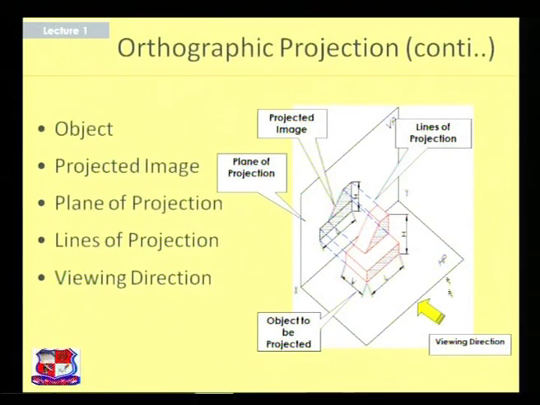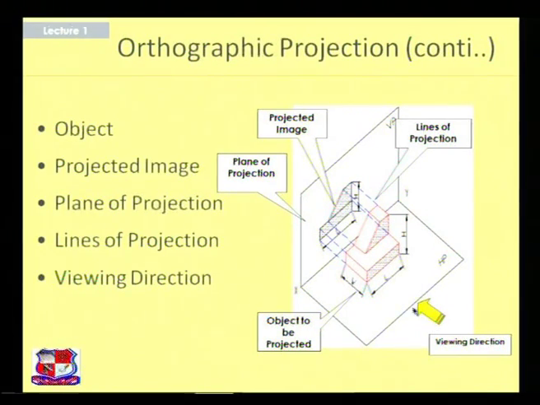Next one is that when we see in the viewing direction, the lines of projection are created. So these are the lines of projection or the rays of projection. The object to be projected means it is the 3D object or real time object. Next one is the plane of projection, right?